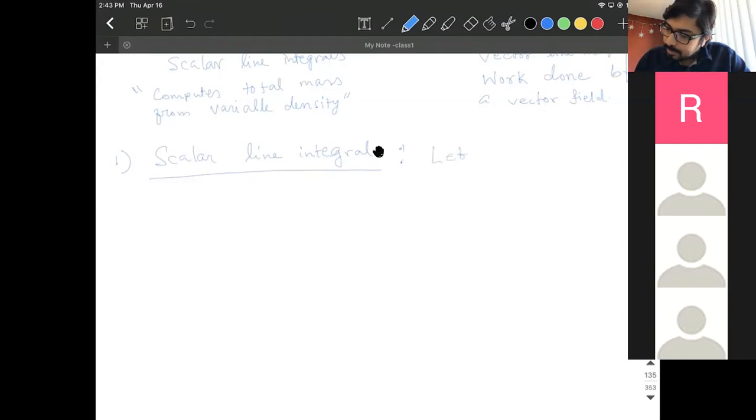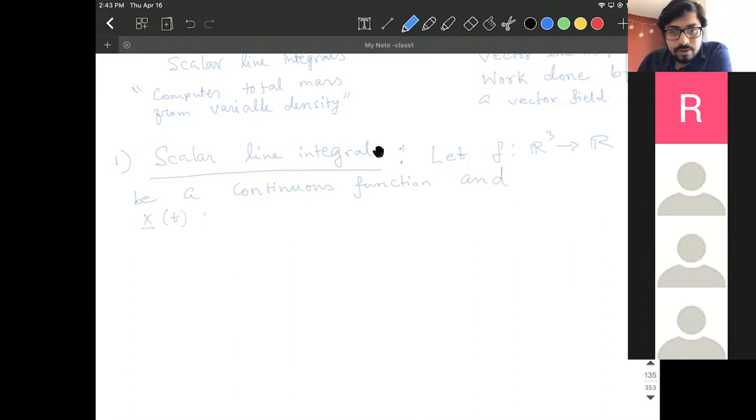So let f from R3 to R be a continuous function, so that we can integrate easily, basically, and x(t) from this interval [a, b] to R3 be a path.